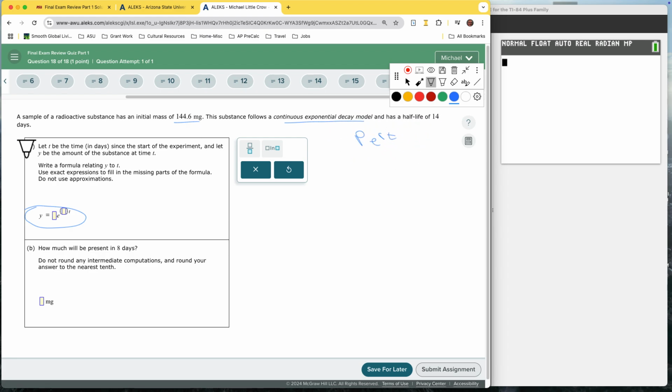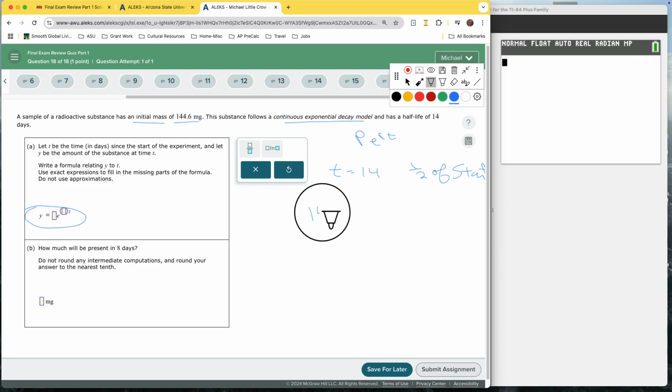Half-life of 14 days. So that means after 14 days, when t equals 14, there will be half of what we started with. So one way we can set up this equation is we know what we started with. This is our initial mass.